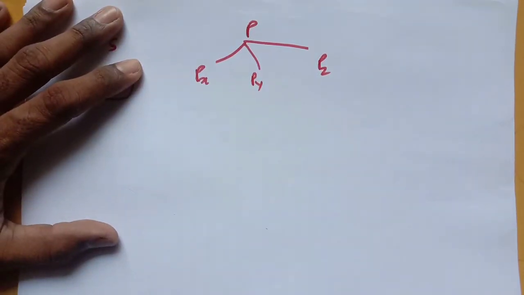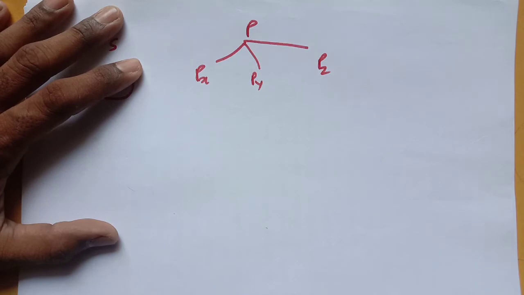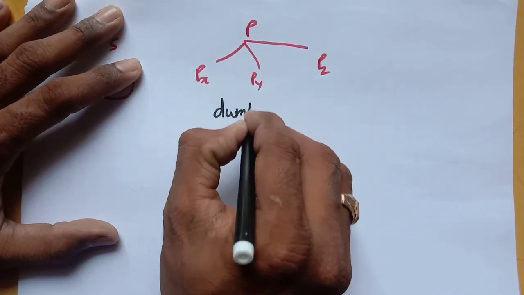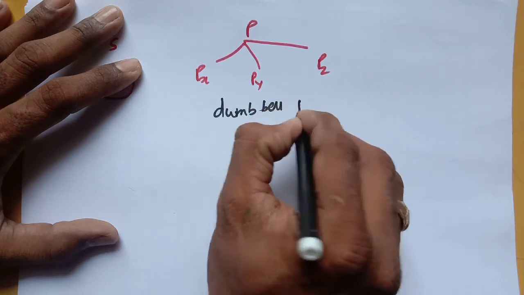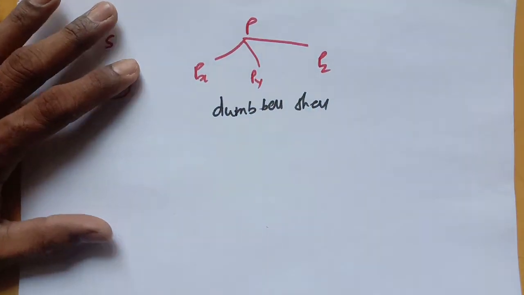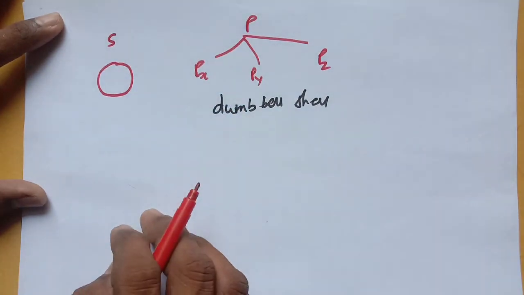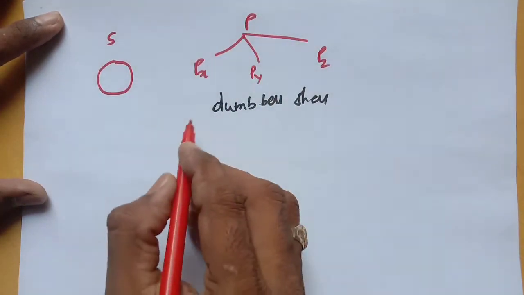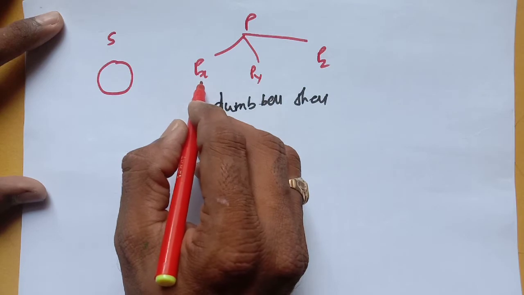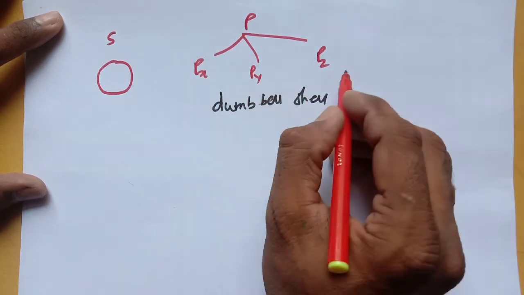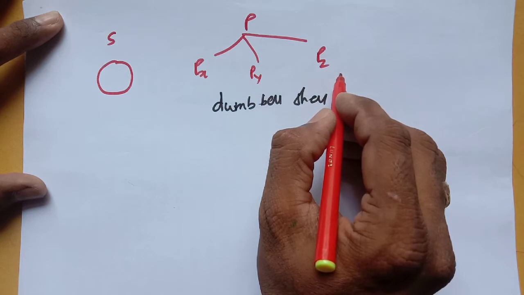The shape of the p subshell is dumbbell shape. Px is the part of the p orbital oriented along the x-axis, py is oriented along the y-axis, and pz is oriented along the z-axis.